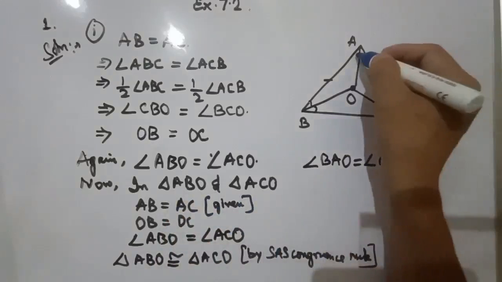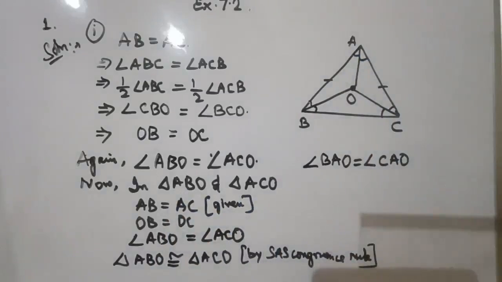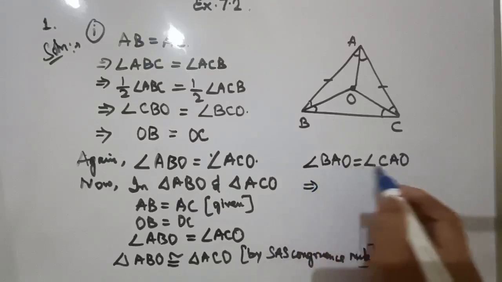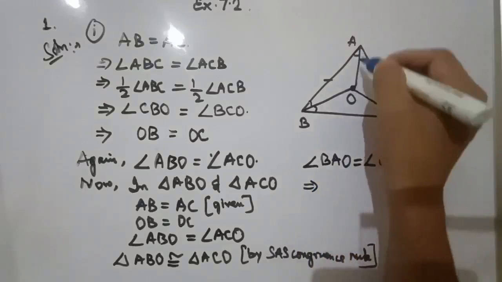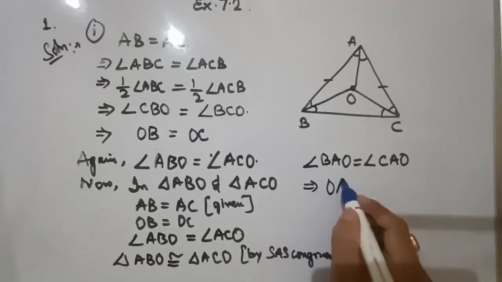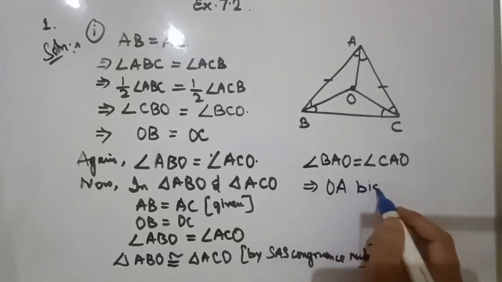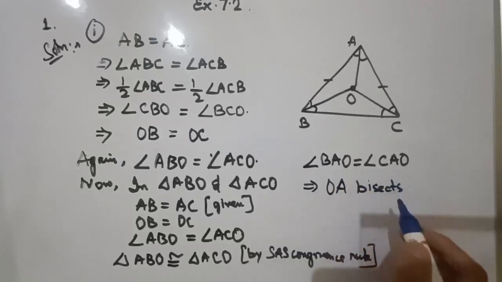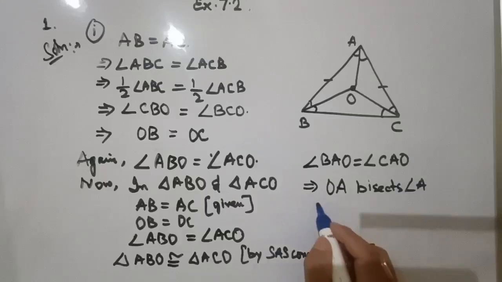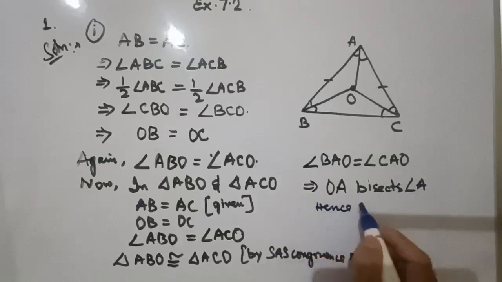That is, these two angles are equal in measure. Implies, since these two angles are equal, OA bisects the angle A. Hence proved.